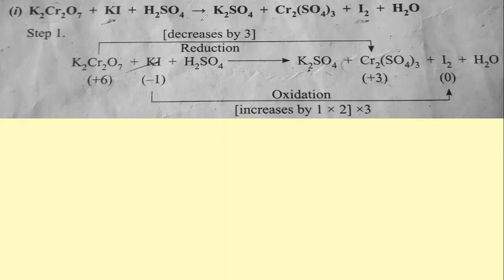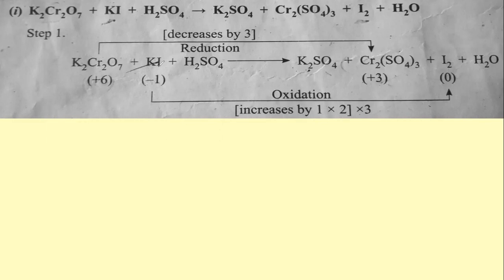Now in K2Cr2O7, chromium has +6 oxidation state, iodine is -1, and here +3 for this chromium, and 0 for iodine because in the elementary state the oxidation state is equal to 0.